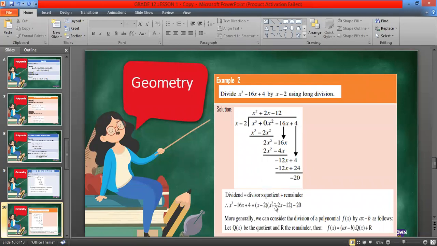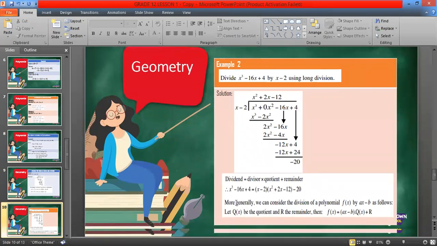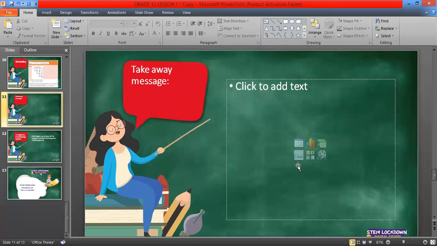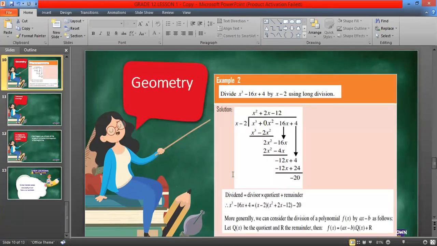And this is your remainder. So basically, we're saying our dividend, which is your polynomial, is equal to this multiplied by this plus this. When you multiply x minus 2 with x squared plus 2x minus 12 and then subtract 20, you get your dividend, the polynomial.